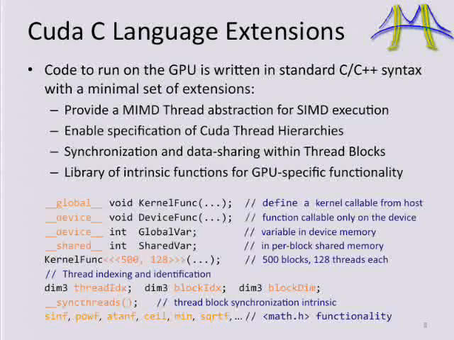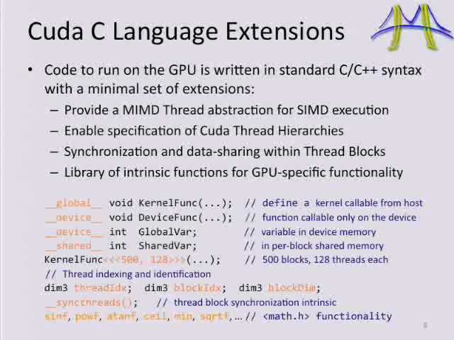So you write a thread, you say execute this thread this many times, and then the hardware will do that for you. There's a certain hierarchy of these threads that will give you access to certain features, let certain sets of these threads communicate and synchronize, and then a library of intrinsic functions for giving you access to special purpose useful hardware on the GPU.